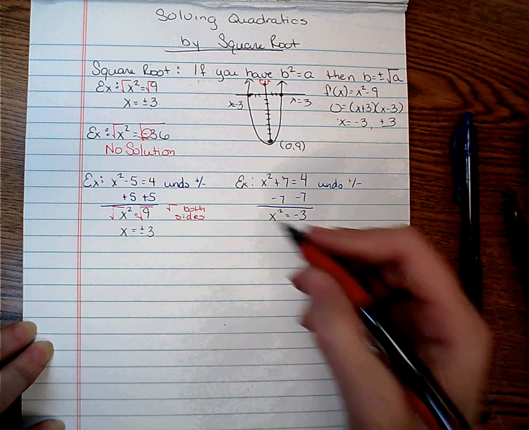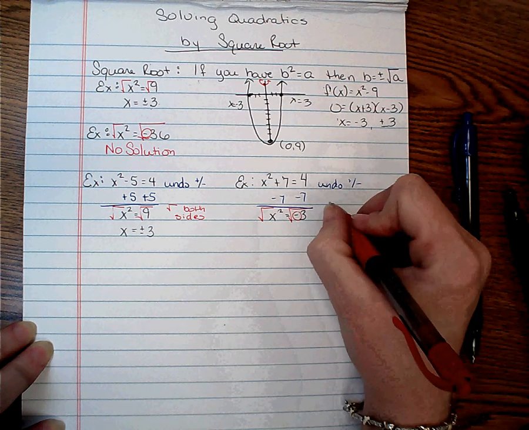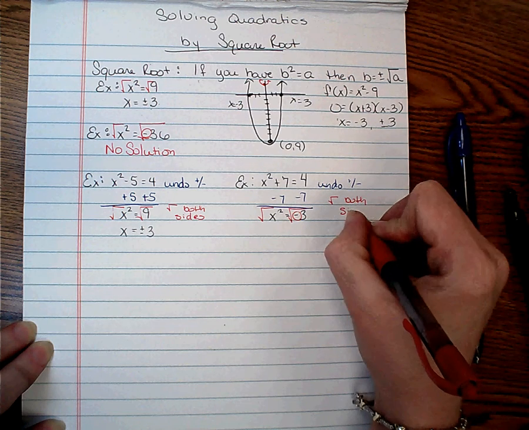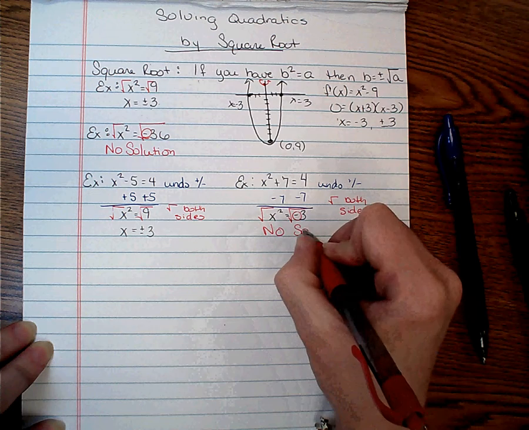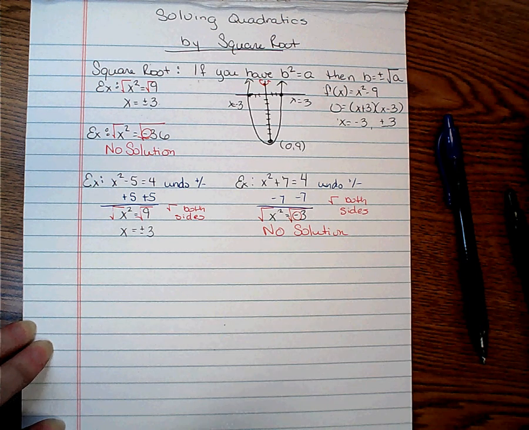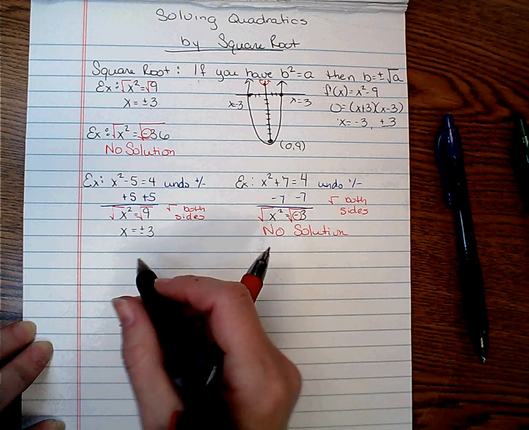And when you take the square root of both sides, you're going to notice that you have a negative underneath, so square root both sides, which leaves me with an answer of no solution.